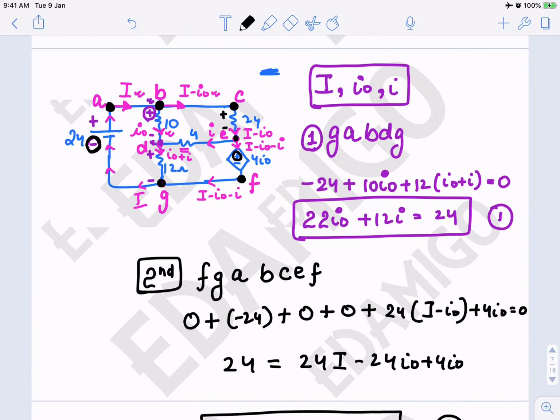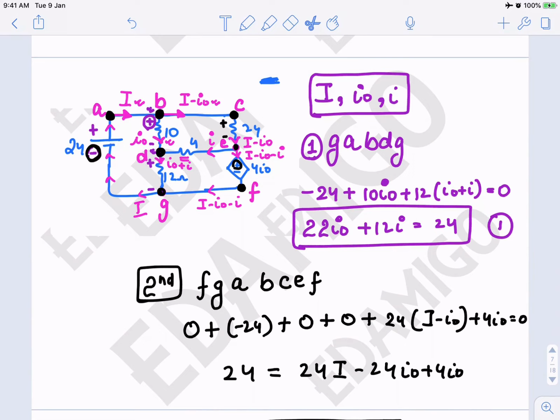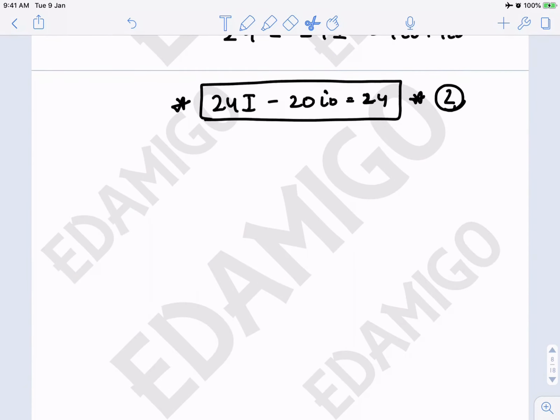Now we have to write one more equation, the third equation. Let us take this loop. Let me copy the figure again.